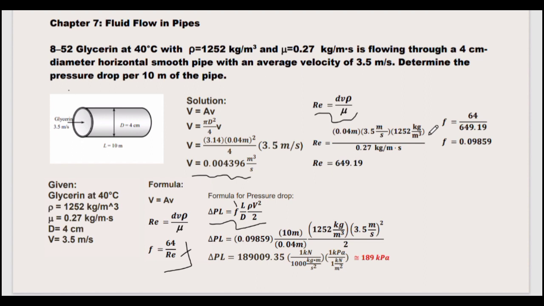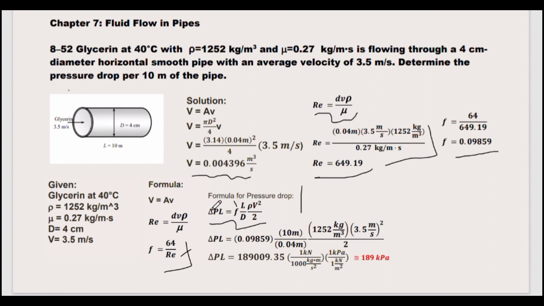Using our calculator, we get the Reynolds number 649.19. Solving the friction factor using the formula 64 over the Reynolds number, we plug in 64 over 649.19, which equals 0.09859.